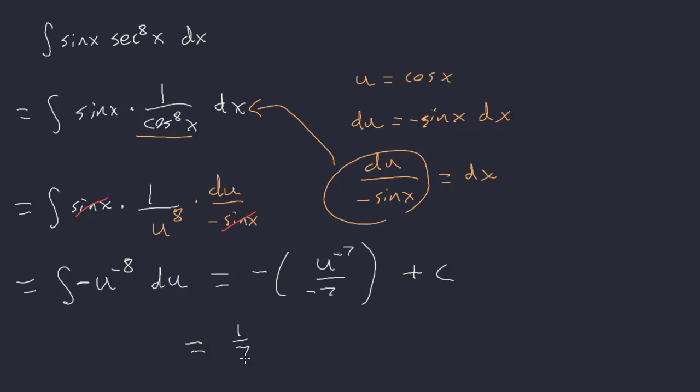So it comes out to be 1/7. Then u, of course, was cosine, so this will be cosine x to the negative 7 plus c. We could leave it like this, we can move the cosine into the denominator, we could change it back to secant again. There's a lot of ways we could go about it. The important part isn't that here, it's getting to here.